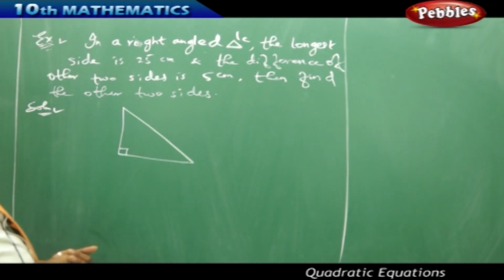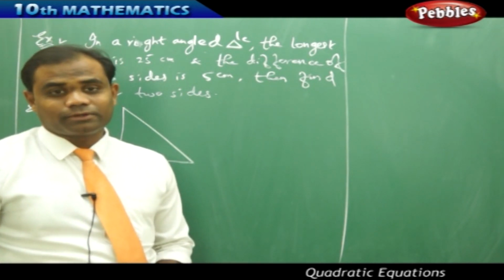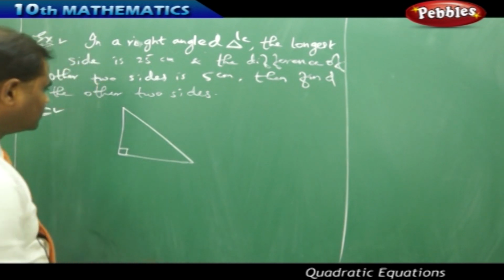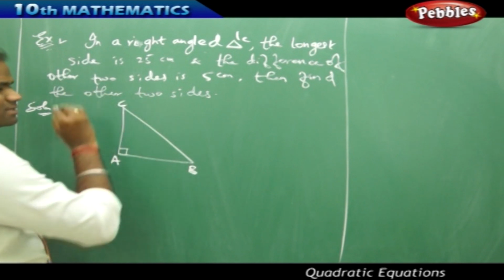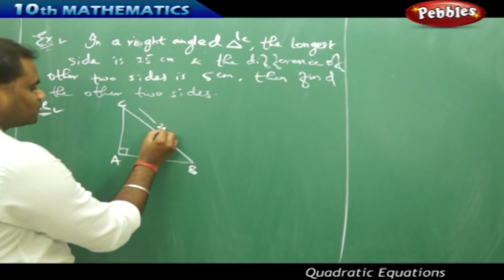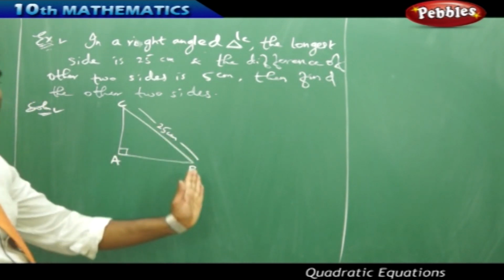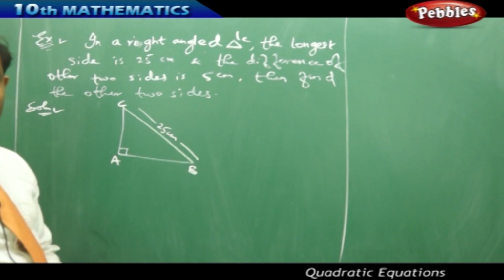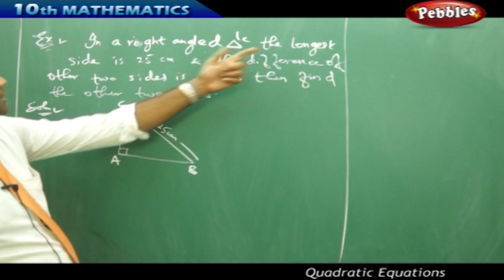Now also it is given that the longest side is 25. So obviously in a right angled triangle, hypotenuse is the longest side. Therefore, if I take the triangle as ABC, the right angled triangle ABC, then the longest side, which is the hypotenuse, would be a side opposite to 90 degrees, is 25 centimeters. BC is the hypotenuse, the longest side, and hence 25 centimeters.